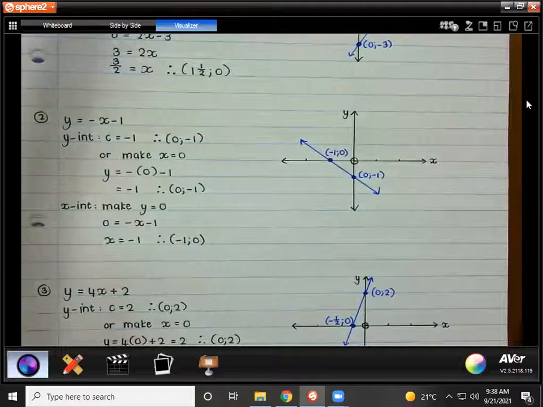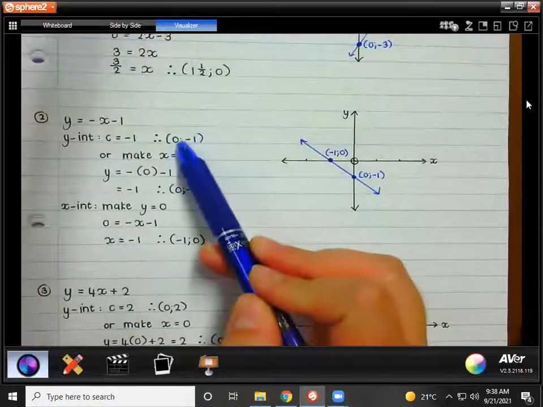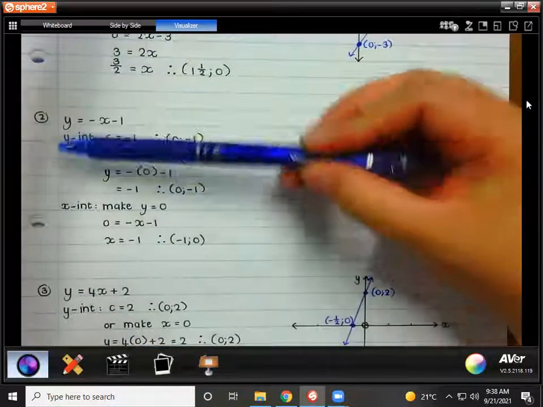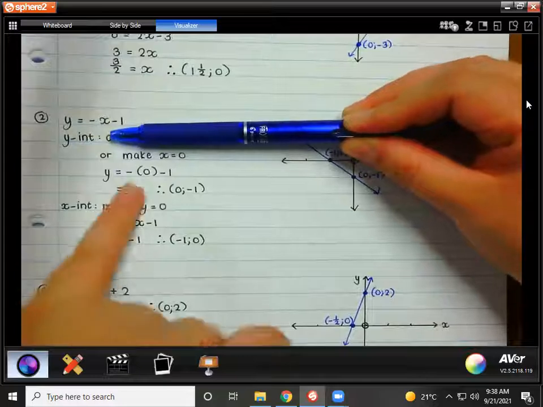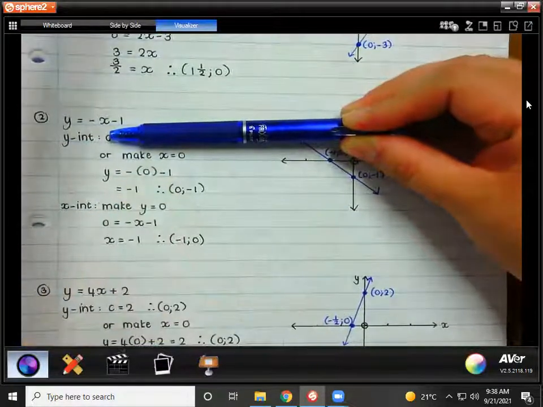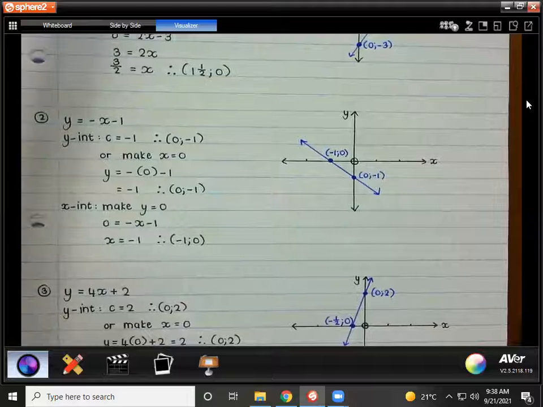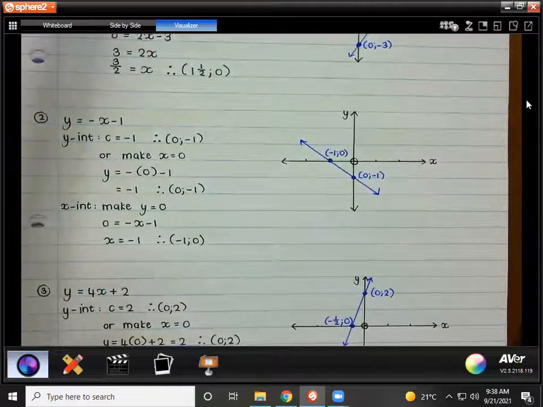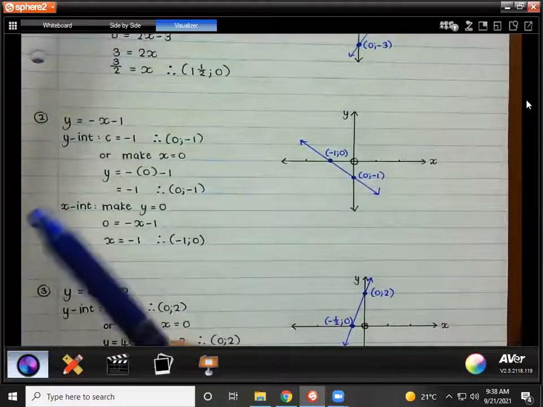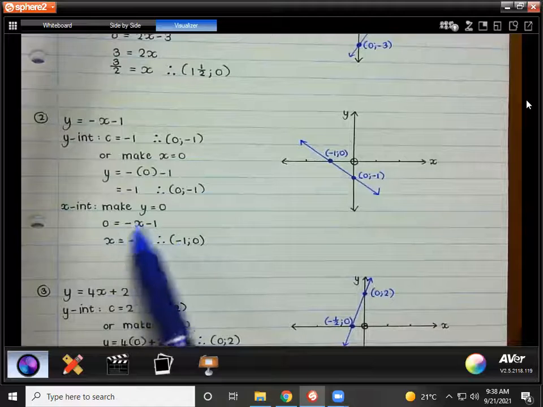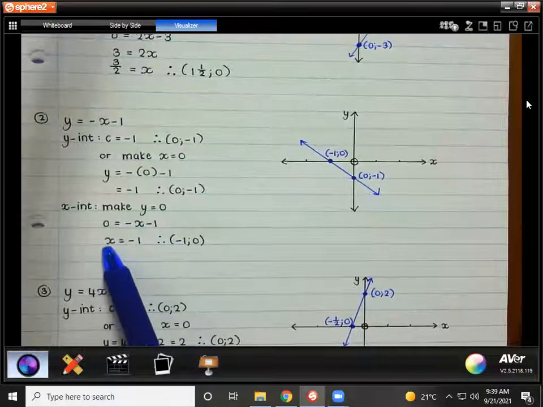You can just say C is -1, therefore the point is (0, -1). Or you can show that you are making x equal to 0. Your y-intercept is -1, and then for your x-intercept, we always make y equal to 0. So if you have 0 equals -x minus 1, I just moved the -x over and it became +x.